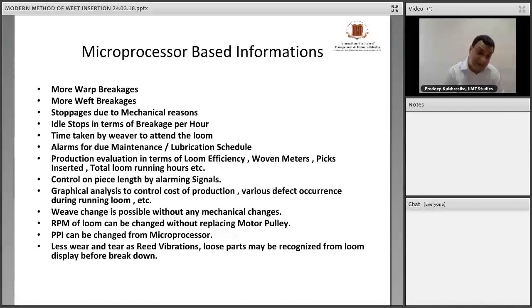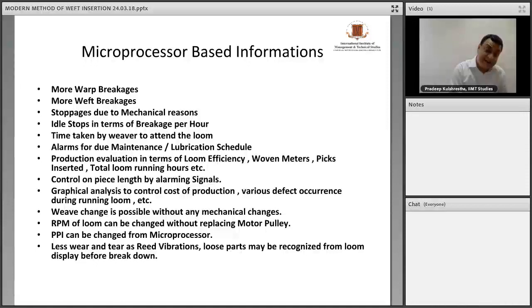Changes are possible without mechanical changes. We can change the fabric pattern or design without much mechanical involvement. We just have to operate the touch screen, feed in what we wish, and the machine will take our wish.